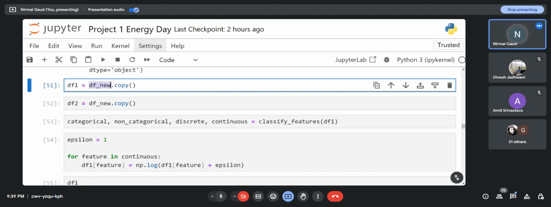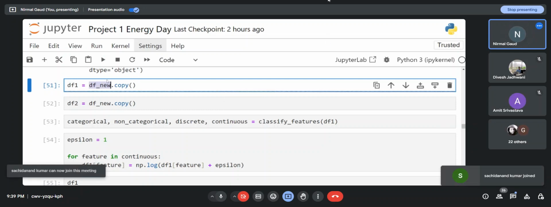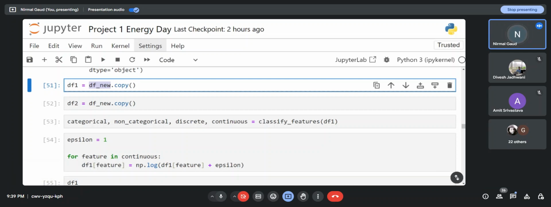So what I did is I created copies. From dfnew, one I created in the form of df1, another I created in the form of df2. So two copies I created, df1 and df2. So whatever be, I will experiment on df1 and df2. So my dfnew will be kept safe.